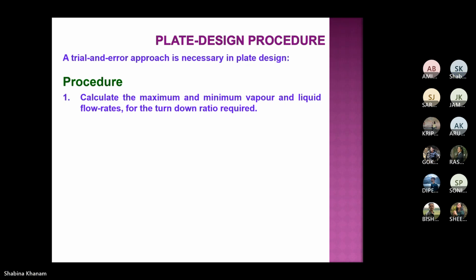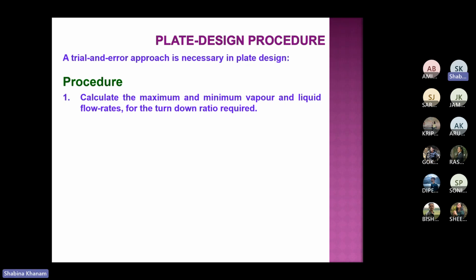So this vapor and liquid movement we consider in a range. Okay, why the range? Because maximum flow of vapor will decide flooding, minimum flow of vapor will decide weeping.